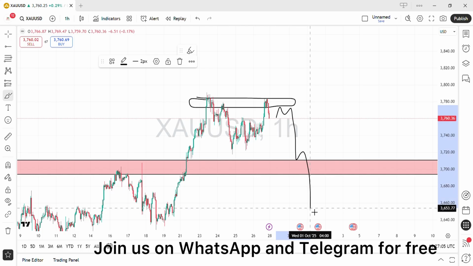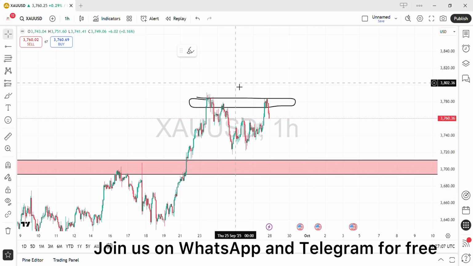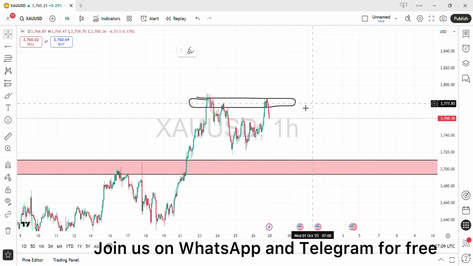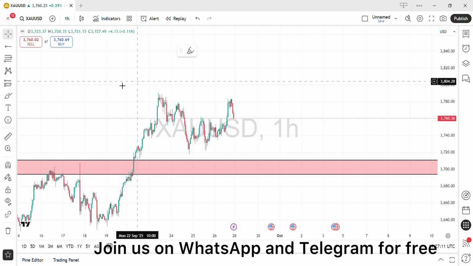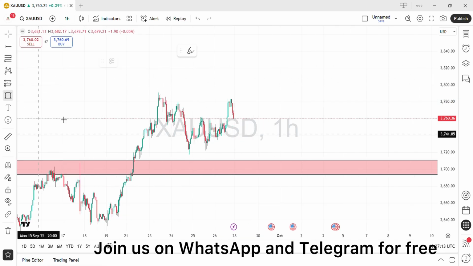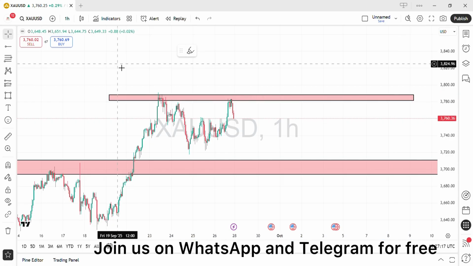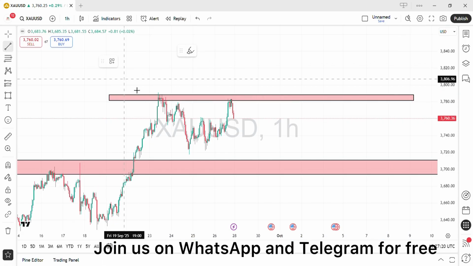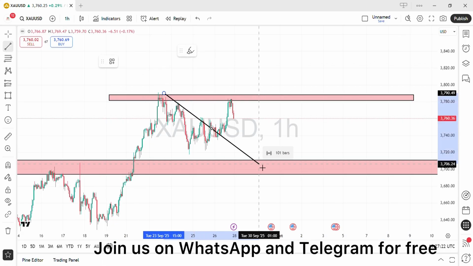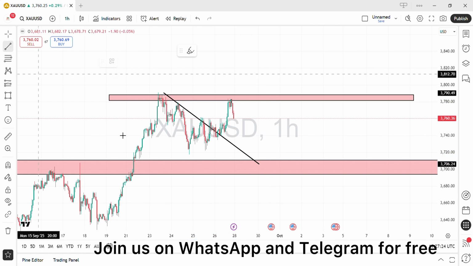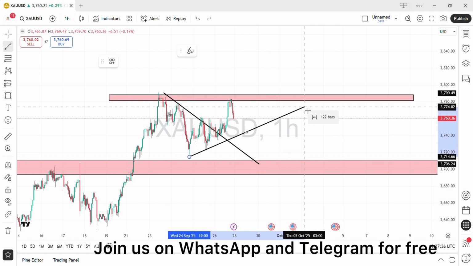So what is the solution for this? Simply you have to mark the double top formation just like that. You have to make your trend line from upper zone to upper zone just like that, and again you have to make a trend line from lower zone to lower zone. So basically we are in the same condition.